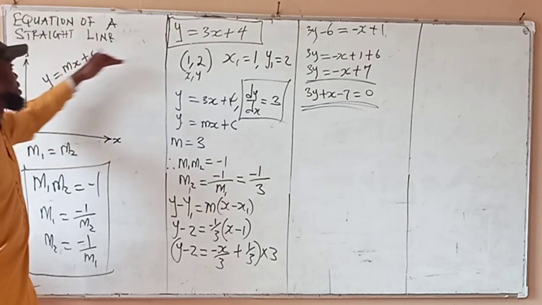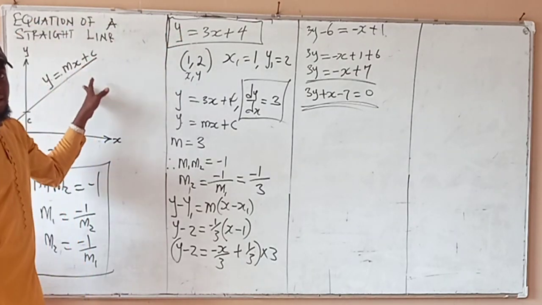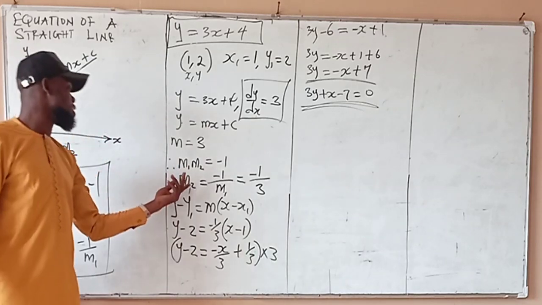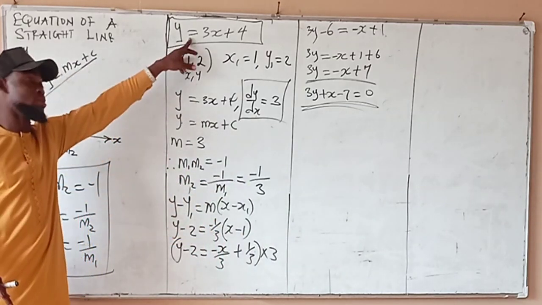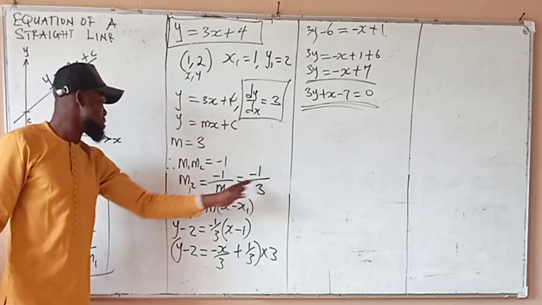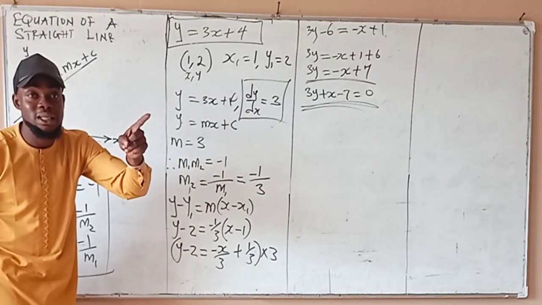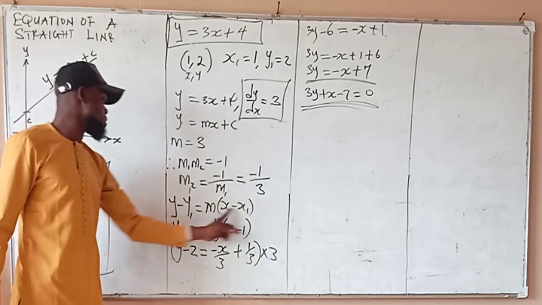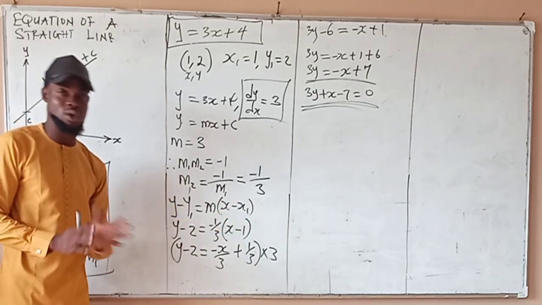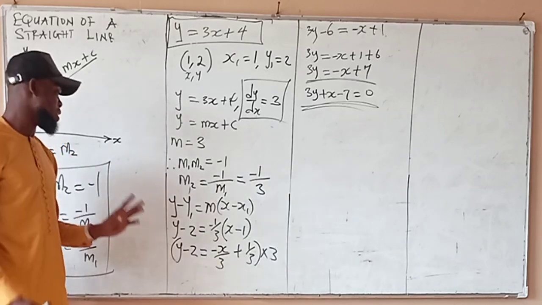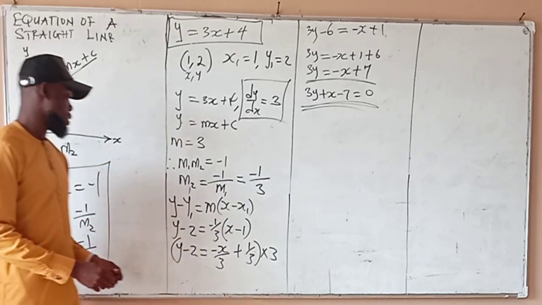Then use this relationship to get the gradient of the perpendicular line, since it's perpendicular to this. Next, use this one, because for any line that passes through one point with a known gradient, you can use this formula to get the equation of that line, as far as it's a straight line. Then you have your answer.